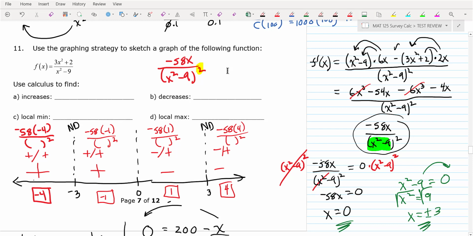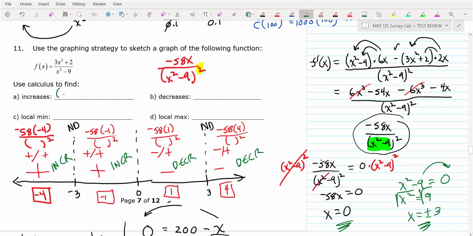So anyway, how do I know where it's increasing? That's where it's positive, right? So you would be increasing here, increasing there, and decreasing here, and decreasing there, like that.